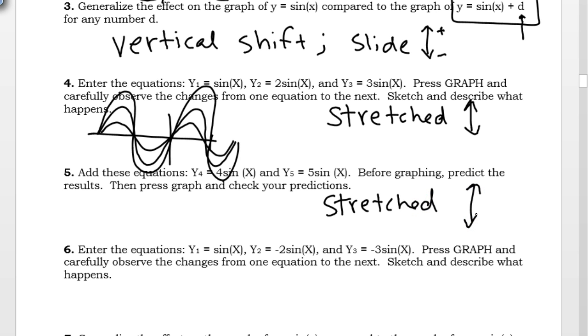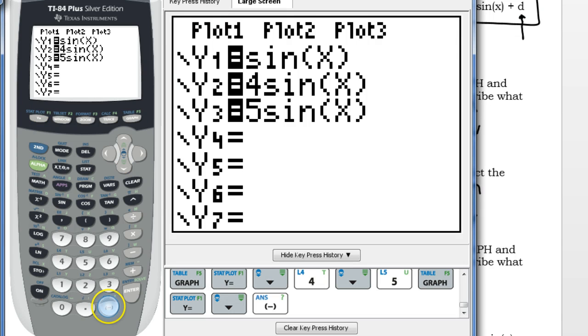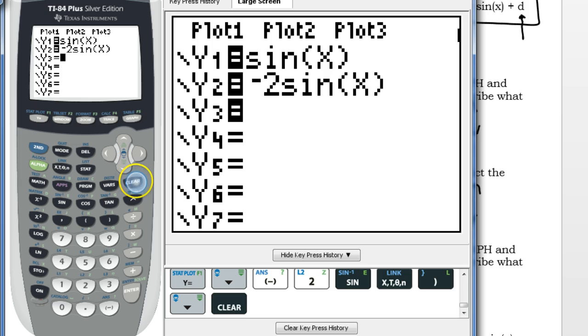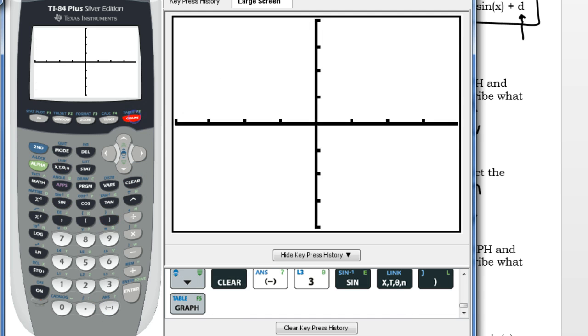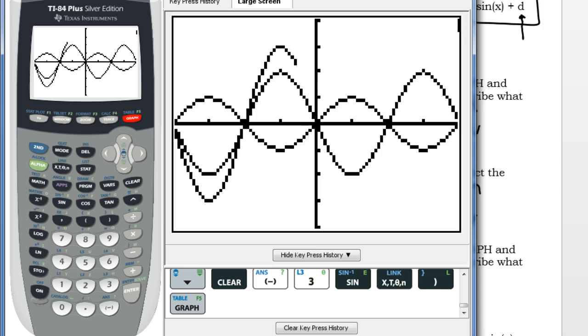Let's try it with some negatives. So -2 sine x and -3 sine x. So my sine for reference, and here is -2. It still goes up to 2 and down to -2, but it's kind of reversed. And up to 3 and down to -3, but again, reversed.